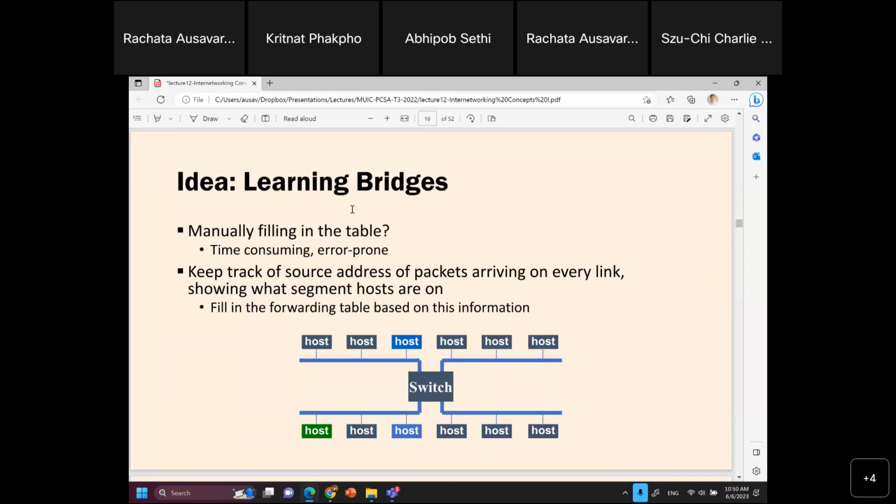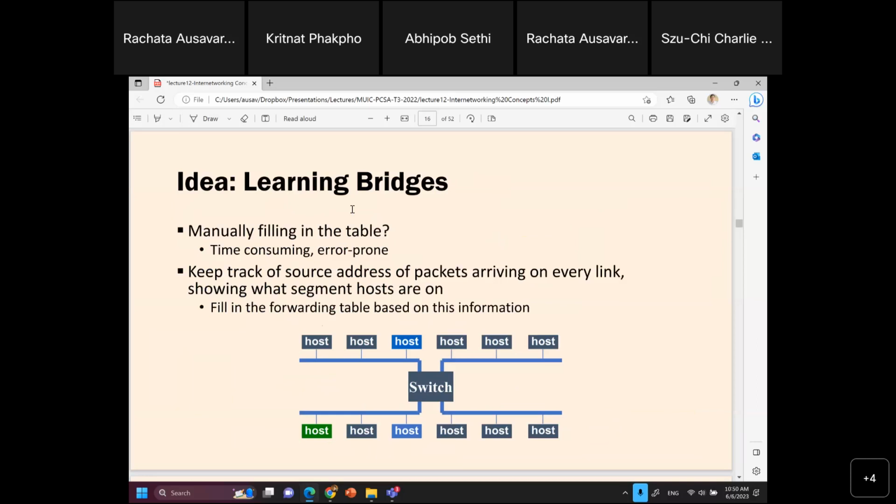The way Ethernet handles this is using what we call learning bridges. Learning bridges basically suggest that I'm learning something as I go. I make the bridge that connects two sides as I go. Basically, every time some source sends something to me, my learning bridge will know, hey, I have the connection to that guy.